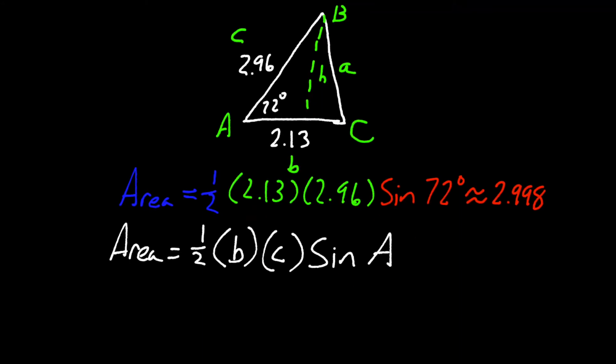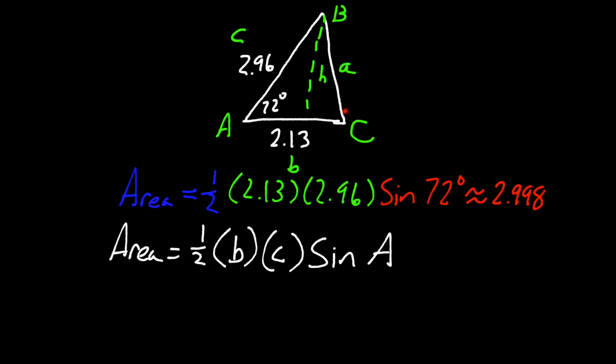This will work for every single triangle as long as, like I've mentioned multiple times, you have one side that is known, a second side which is known, and you know the angle between those sides. As long as you have that info, you are good.